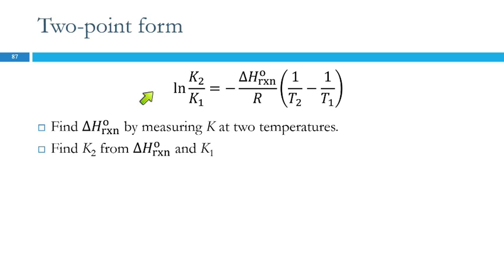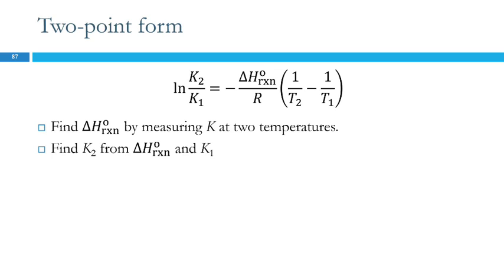And then you can take that and make a 2-point form, which we also saw in one of these earlier with the other similar equation. And the beauty of this one is we can find delta H, the standard enthalpy change for a reaction, by measuring the equilibrium constant at 2 different temperatures.